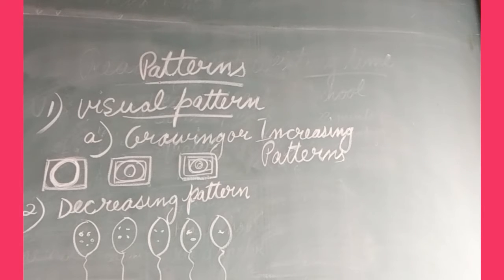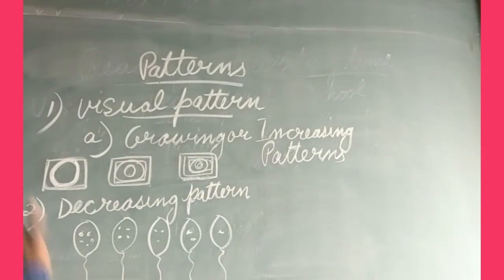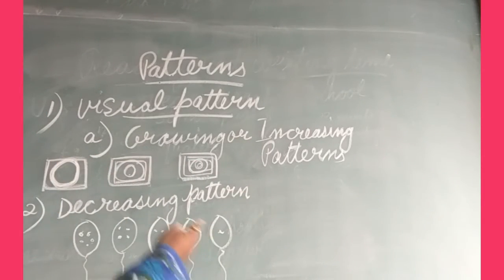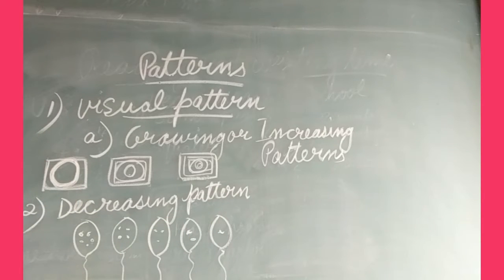Growing: first design 1 square 1 circle, second 2 squares 2 circles, third 3 squares and 3 circles. Decreasing: first balloon has 5 balls, second has 4.